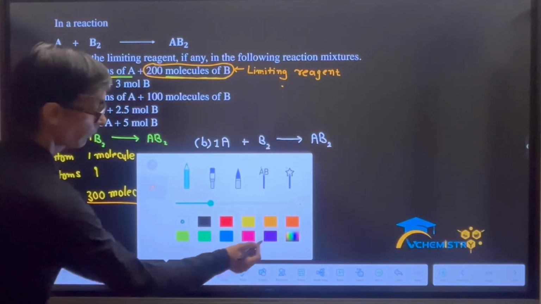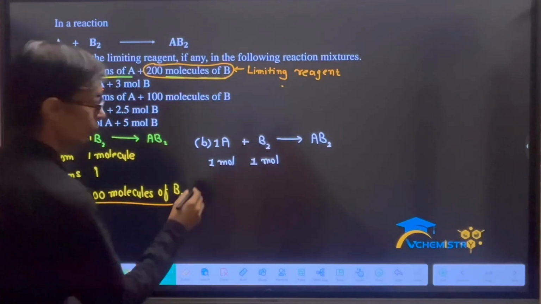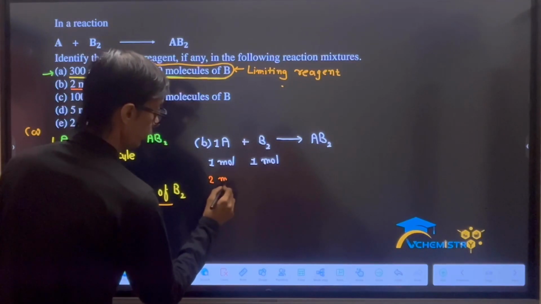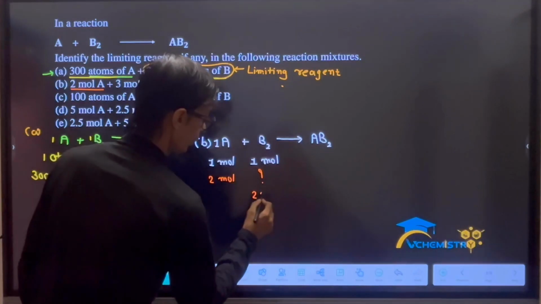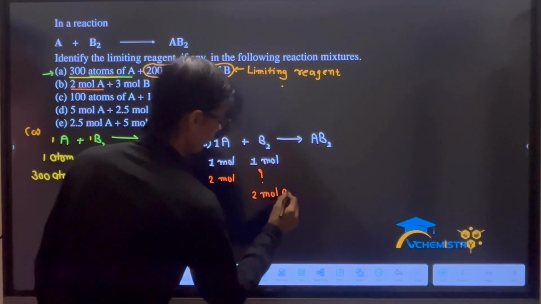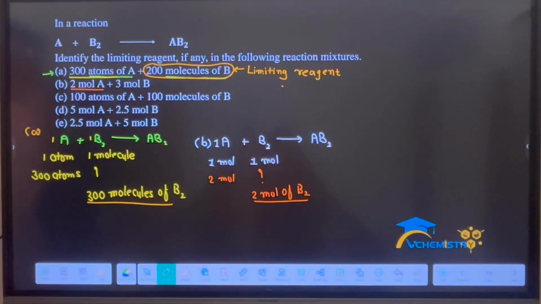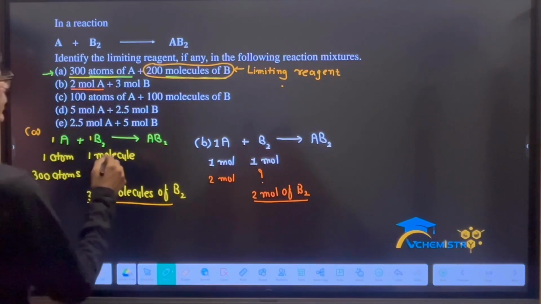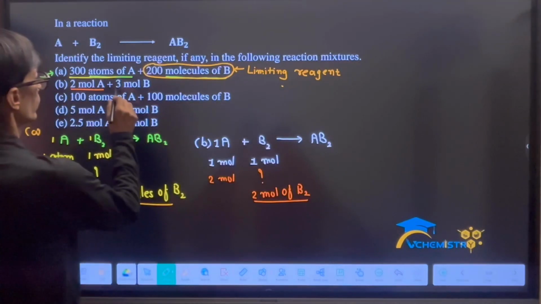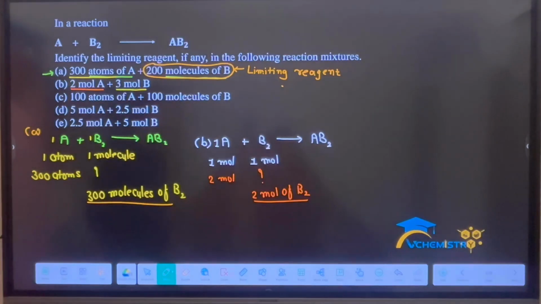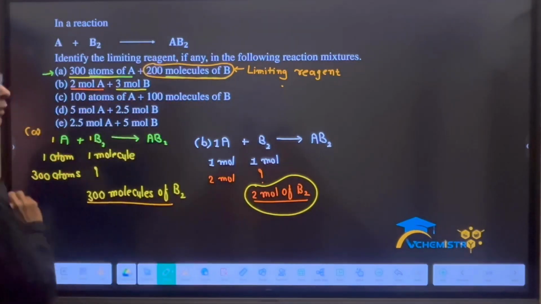But the given amount of A is 2 mole. So 2 mole of A requires dash. So we will get 2 mole of B2. So required moles of B2 is 2 and given is 3 moles. That means we require 2 moles but given more than 2 moles.